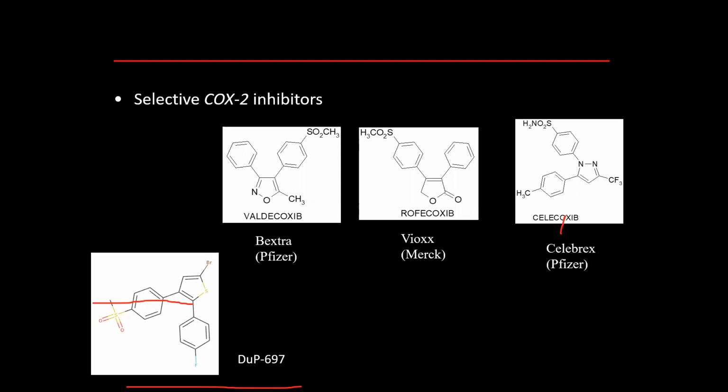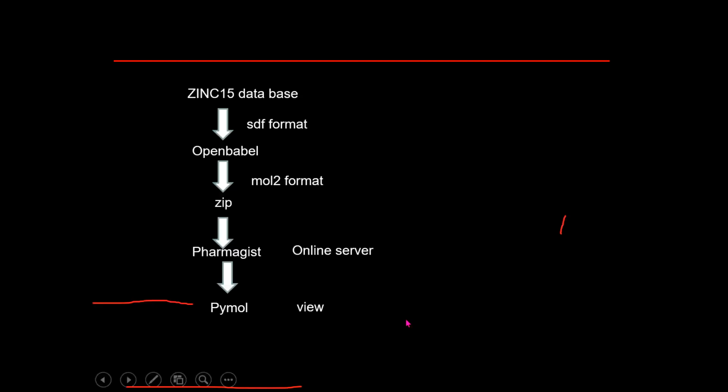So PharmaGist helps you to determine that based on the structures which you have given in mol2 format. So once you have this done, you can look at whether there are any other molecules in the databases with this type of feature. Okay.